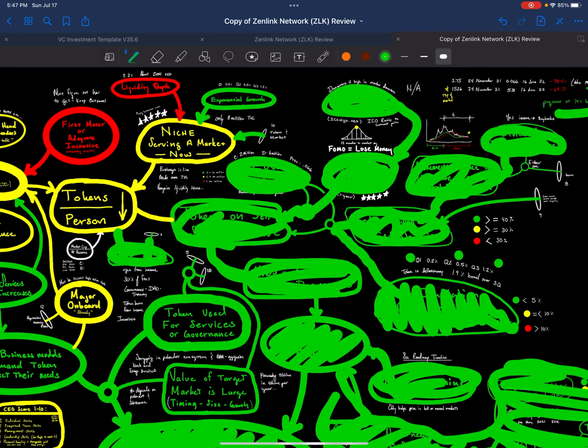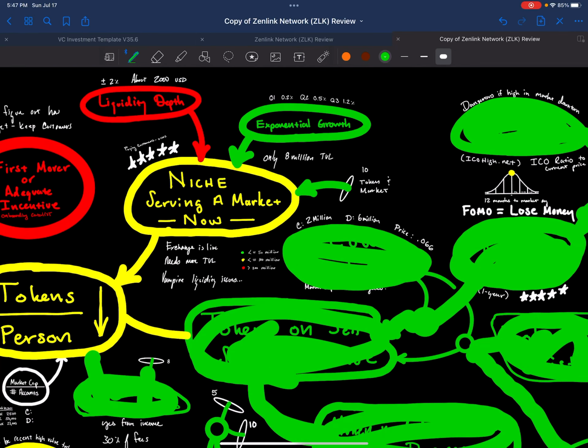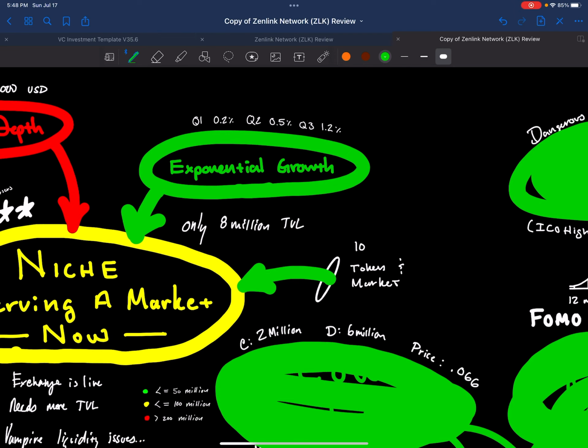Now, exponential growth, as I stated before, this is going through exponential growth. Q1, 0.2% burned. Q2, 0.5% burned. Q3, 1.2% burned. And it doesn't even matter that the market price of crypto has been collapsing, because what matters is how much of the supply is getting burned.